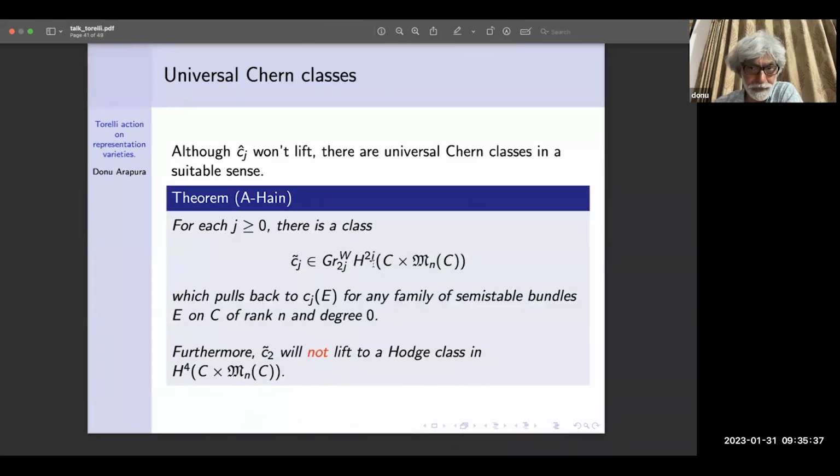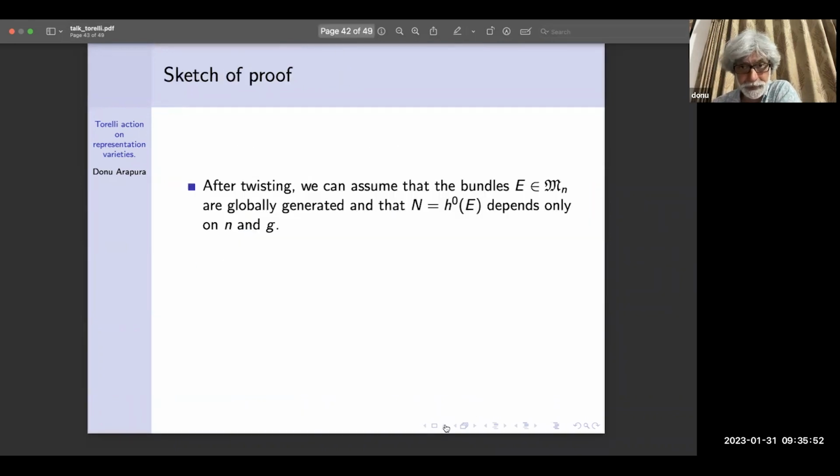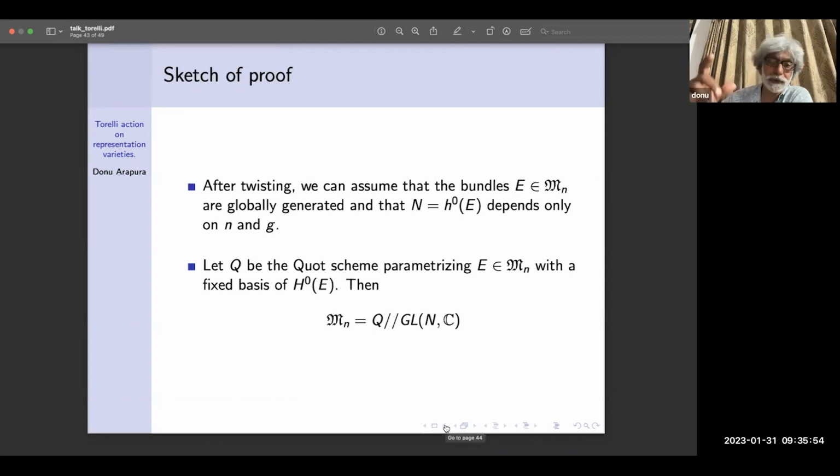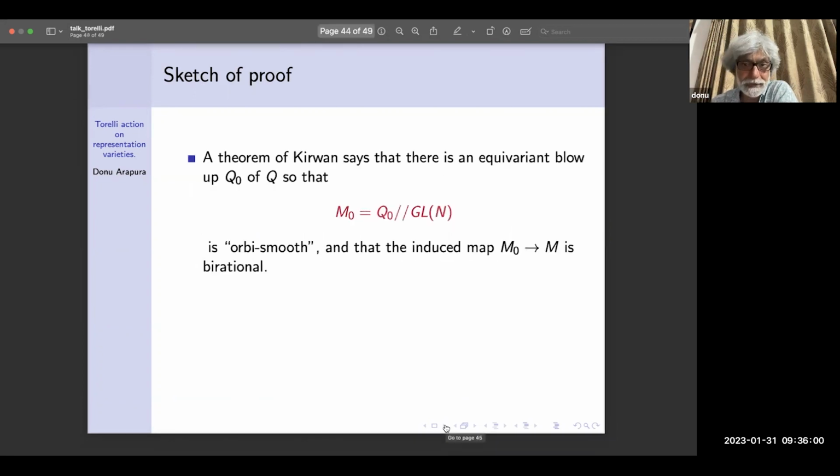So there's this mixed Hodge structure, and if you've ever been through Deligne's construction, you build a mixed Hodge structure by the cohomology of a hypercover. So I'm going to look at the first few steps of the hypercover, but I'm going to choose the hypercover so that it's compatible with the GIT nature of this construction.